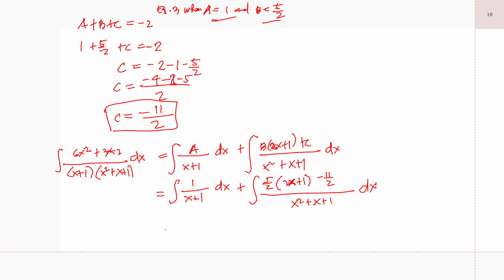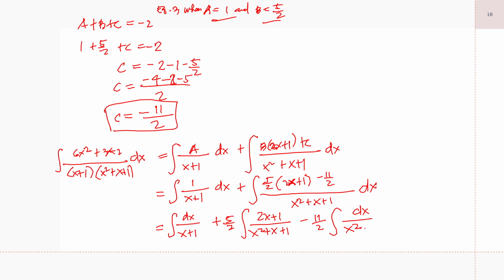Okay, after which we have to simplify. So integral of dx over x plus 1, and we could break down this one. So plus 5 halves integral of 2x plus 1 over x squared plus x plus 1, minus 11 over 2 integral of dx over x squared plus x plus 1.